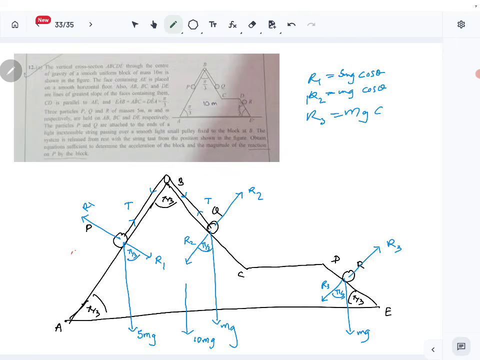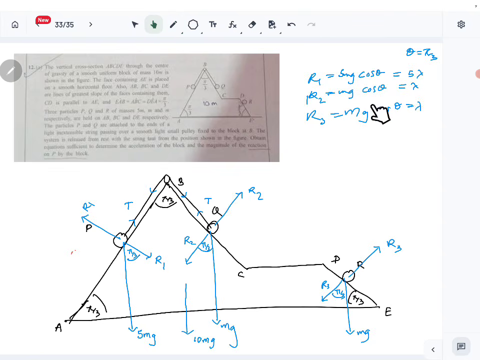And mg cos pi over 3, or let me write it as theta, R1, R2, R3. So then 5mg, all of them are the same type, no? So let me write as 5 lambda, lambda, lambda.